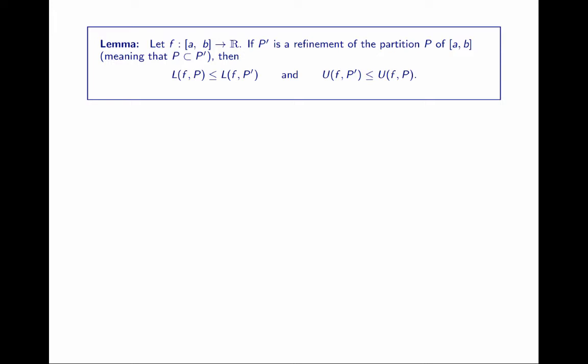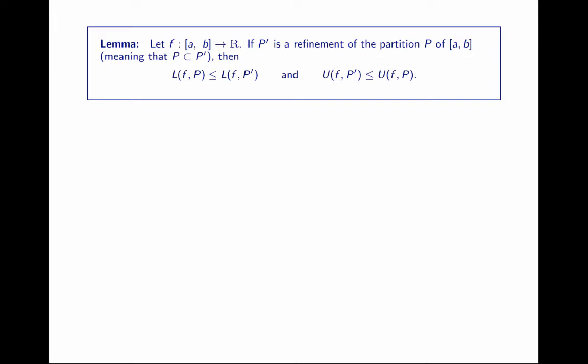Any refinement, and of course every partition is a refinement of this because every partition has to contain the points a and b, so every partition, which is a refinement, must give me a smaller or equal upper sum.